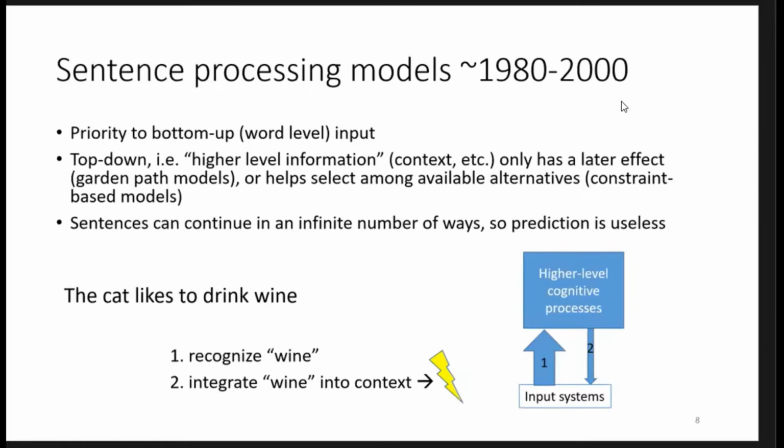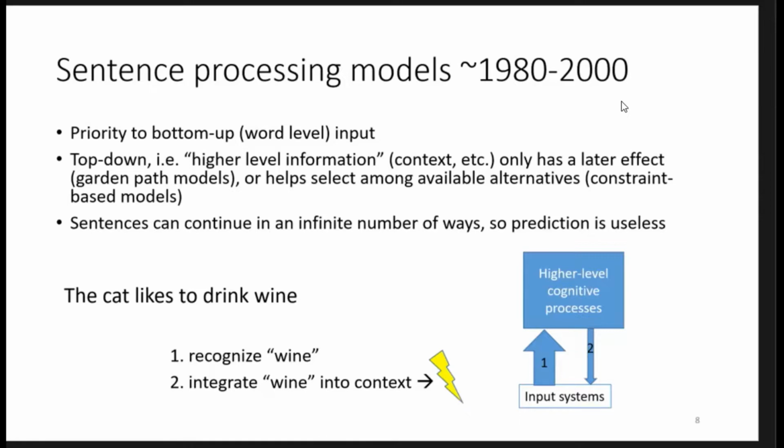Or, if you're more of a constraint-based processing person, your bottom-up has different possibilities, and the debate was what type of other information would help select among these possibilities. And especially for people coming from a Chomsky tradition, the idea of prediction was kind of useless because sentences can be completed in an infinite number of ways. So prediction would almost always be wrong. So that was just not an issue.